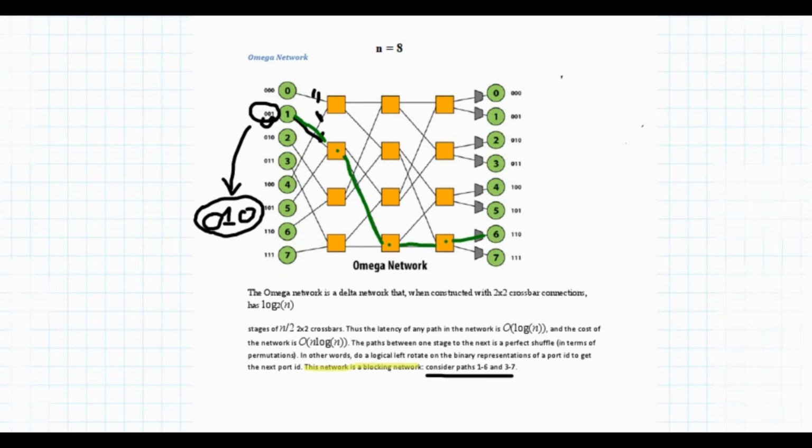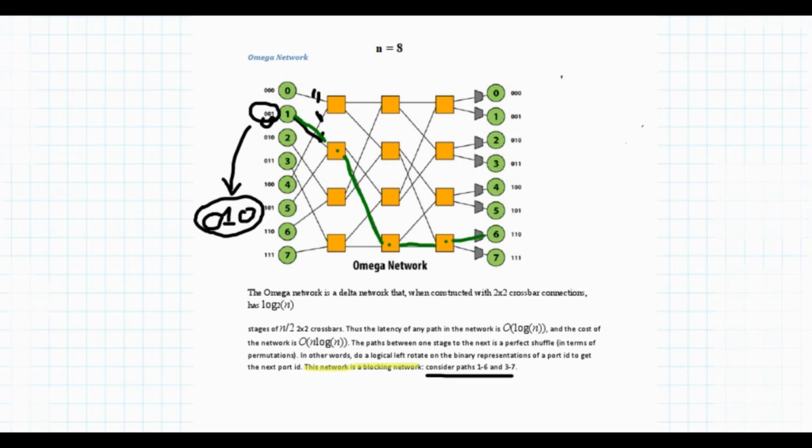Now you can see that while processor 1 is making some kind of communication with processor 6, at that time processor 3 and processor 7 are basically free, but they cannot communicate among themselves.